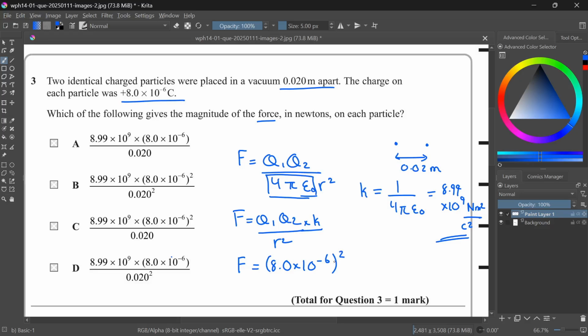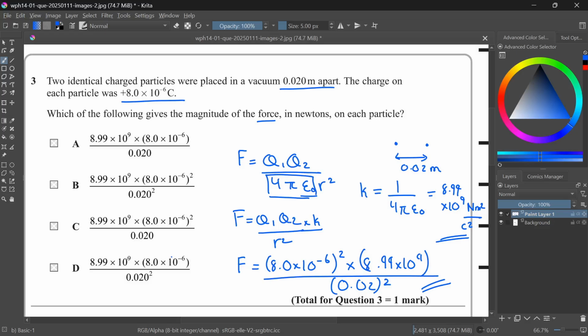Then you multiply it by the Coulomb's law constant value, which is 8.99 times 10 raised to power 9, and then divide it by the r value, which is the distance they were placed apart, 0.02, squared.